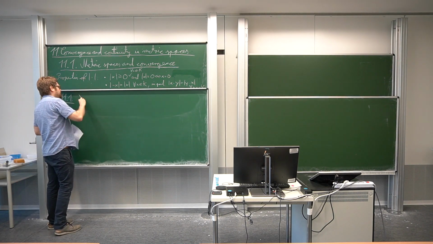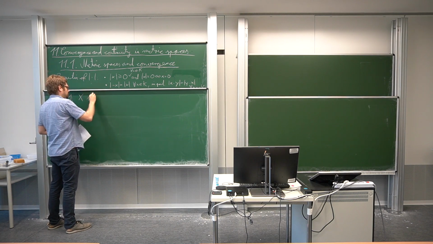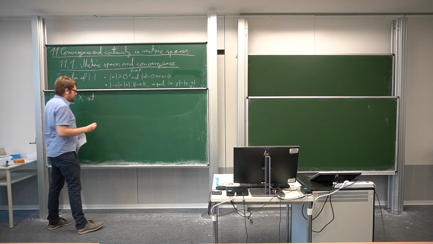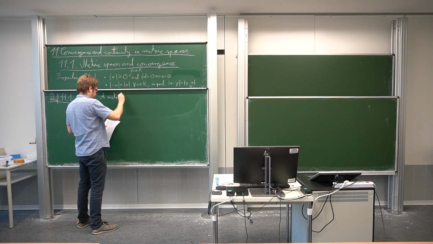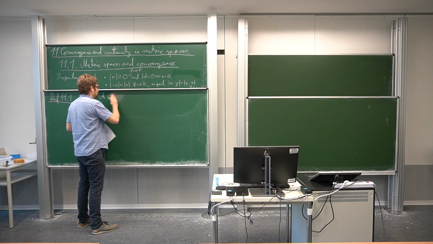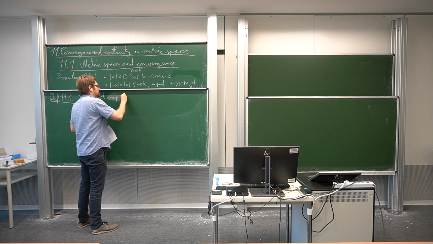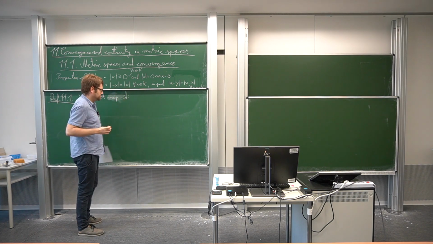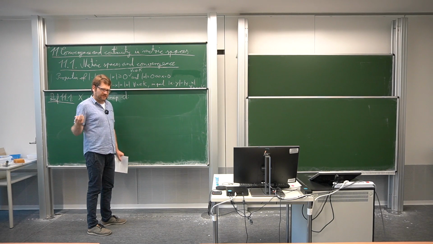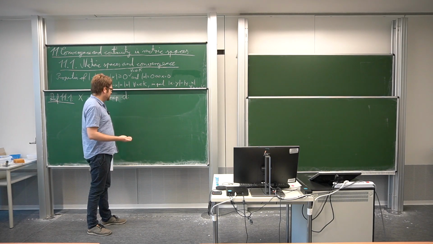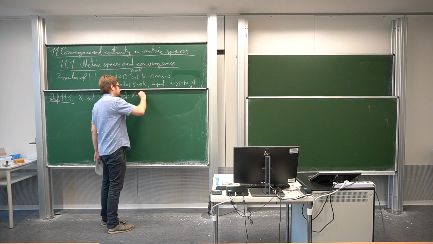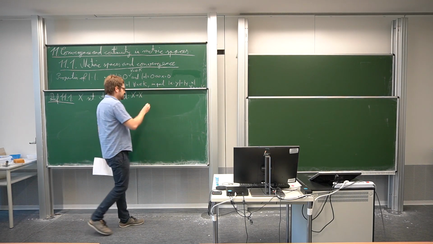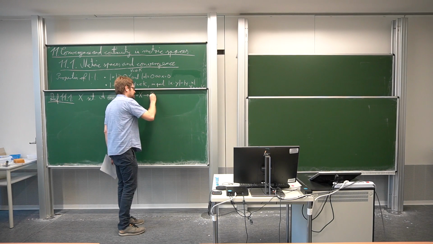So let X be a set, some arbitrary set. A map D is called a metric, and this should be a distance function, which associates distances. So what we need is 2 points, so the input is X times X, and this should spit out the distance between those points, and the distance we always see as a real number.